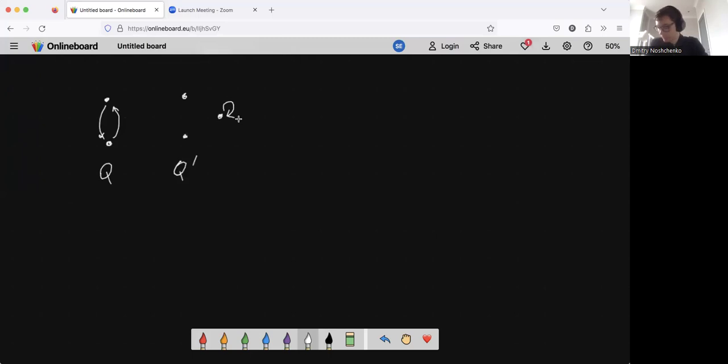And we can just put some labels here: x1, x2. Here I put different colors. So here I put x1 prime, x2 prime, x3 prime.